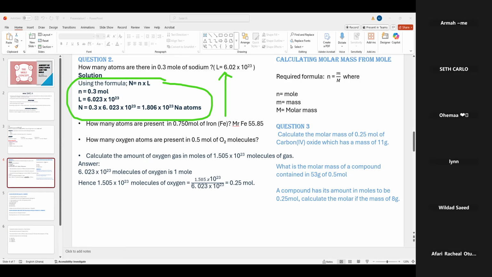Okay. So the first person got 3.115 times 10 to the power 23, and the second person got 4.515 times 10 to the power 23.